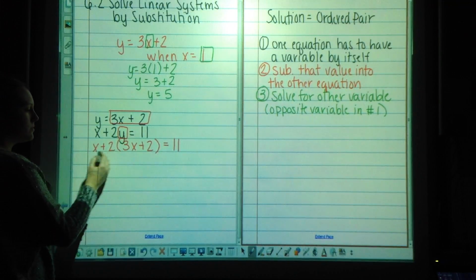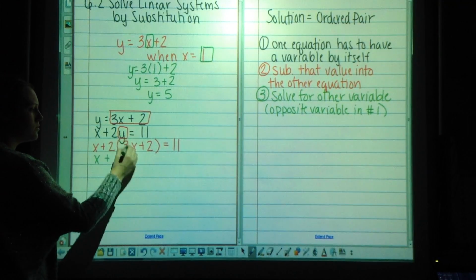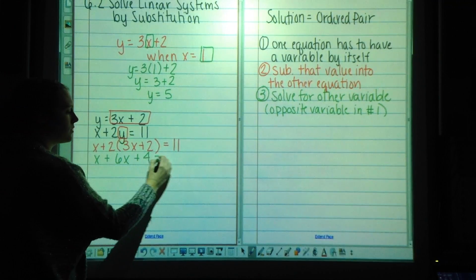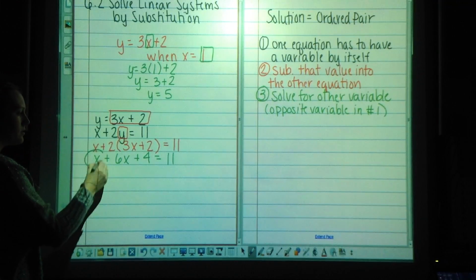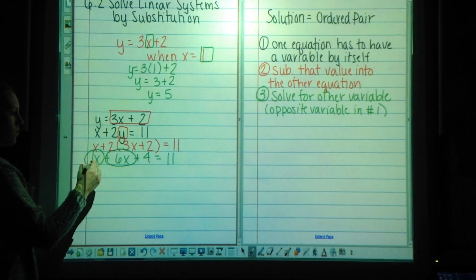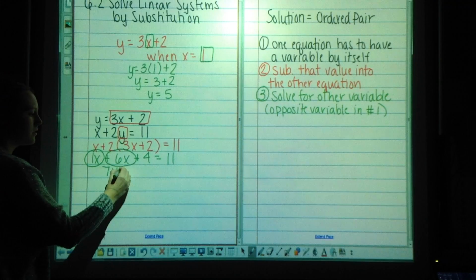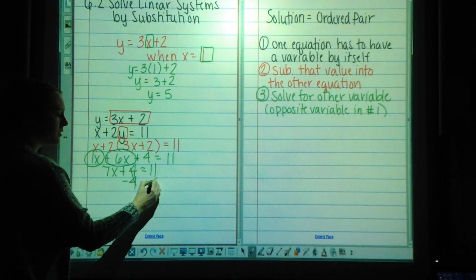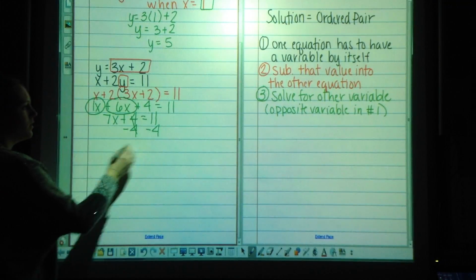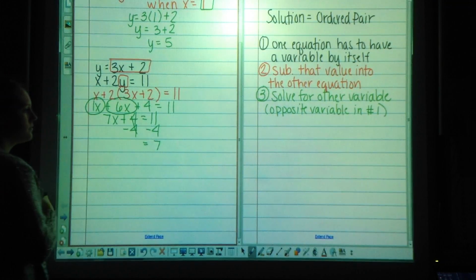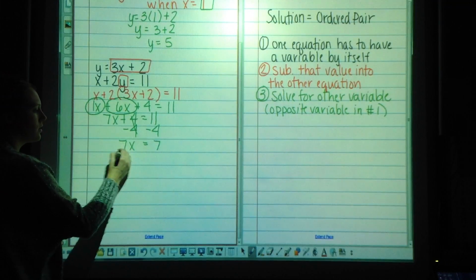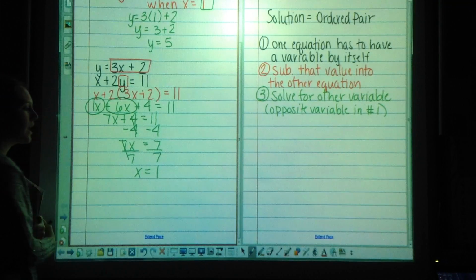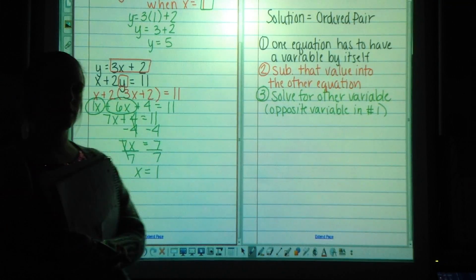My first step is going to be to do the distributive property. 2 times 3x is 6x. 2 times 2 is 4. I'm going to combine my like terms. This is a 1x, that's a 6x. 11 minus 4 is 7. So now I have x equals 1.